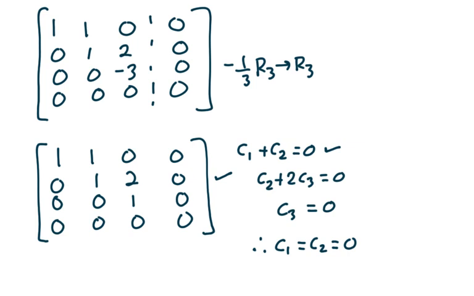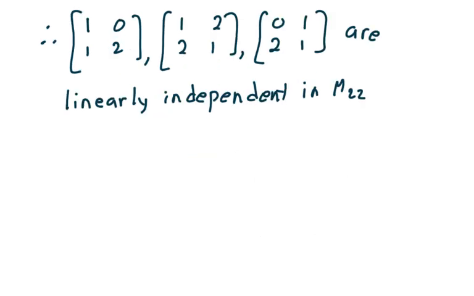The second equation is C2 plus 2C3 equals 0. The third equation is C3 equals 0. And because C3 equals 0, we're guaranteed that C1 and C2 also have to be 0. And what this says is the three matrices are linearly independent in the set of all 2 by 2 matrices.